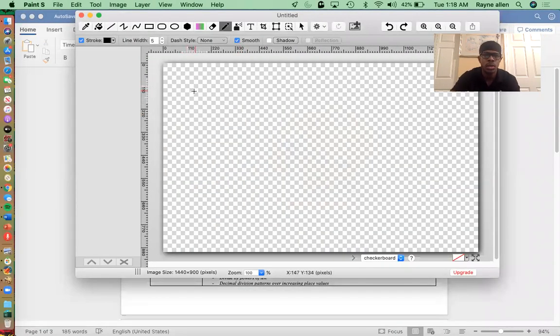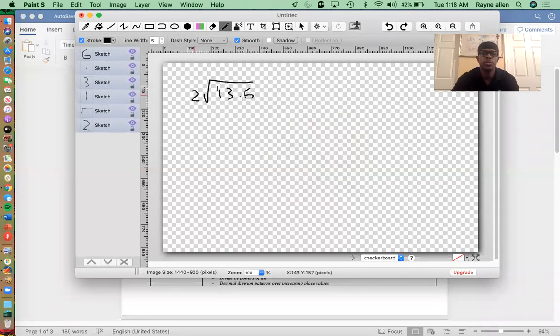So we have 2 and 13.6. Now, how many times can 2 go into 1? 1 is a house. You can only take 1, but 2 would like to enter, so that is 0. 0 times 2 is 0.